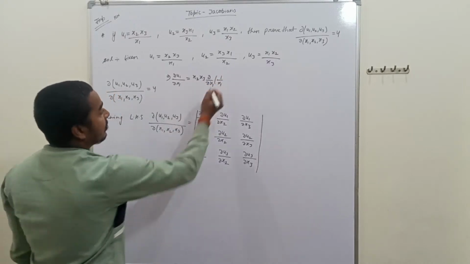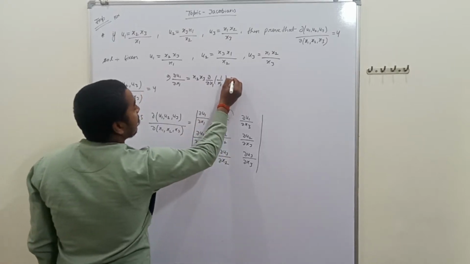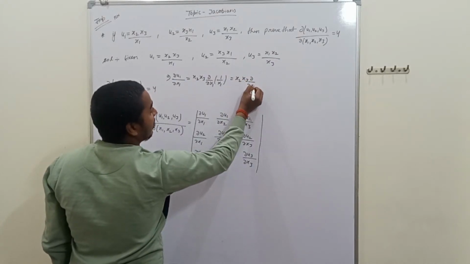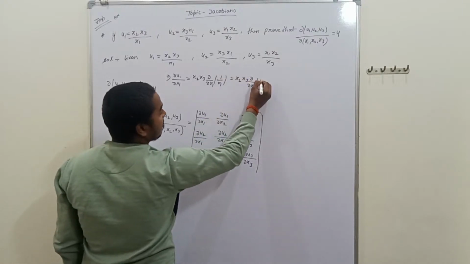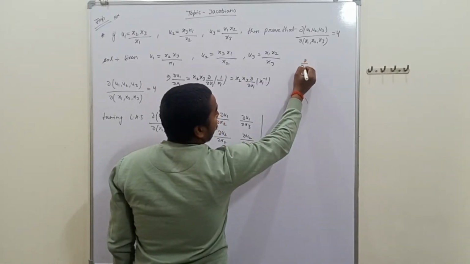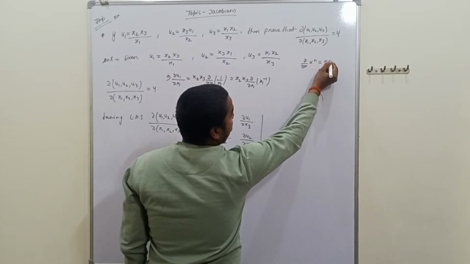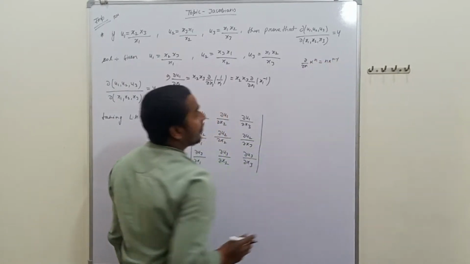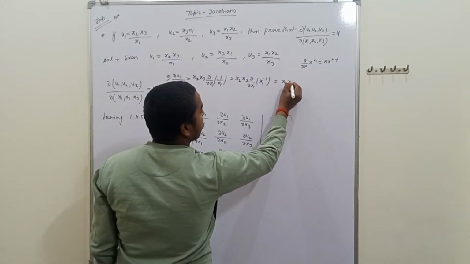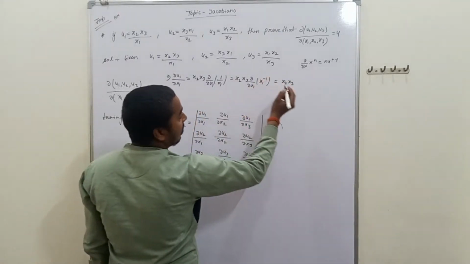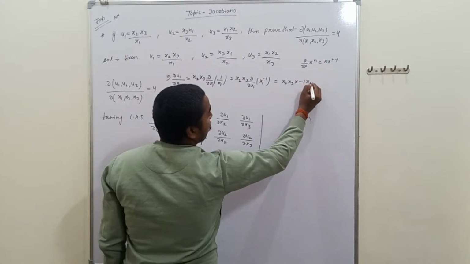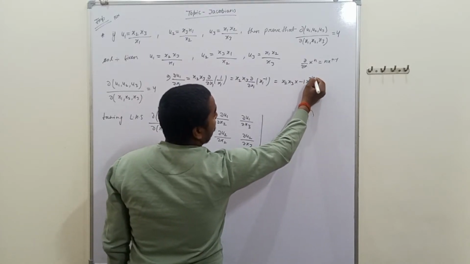We can also write x2 into x3 and del by del x1 of x1 taken into the numerator, that is x1 power minus 1, and using the formula del by del x of x power n is n x power n minus 1, we get x2 into x3 and x1 to power minus 1, that is minus 1 into x1 to the power minus 2.